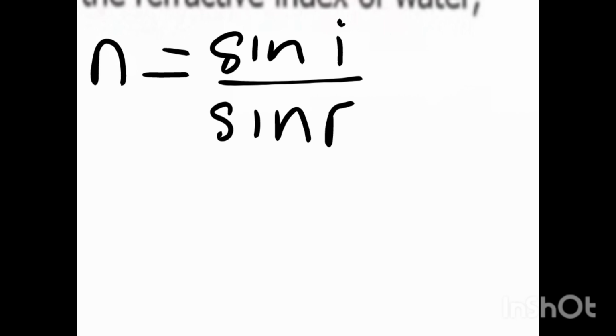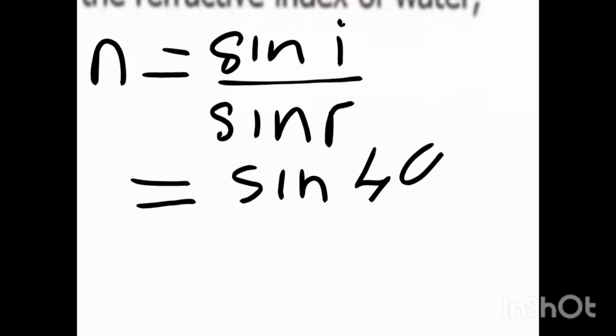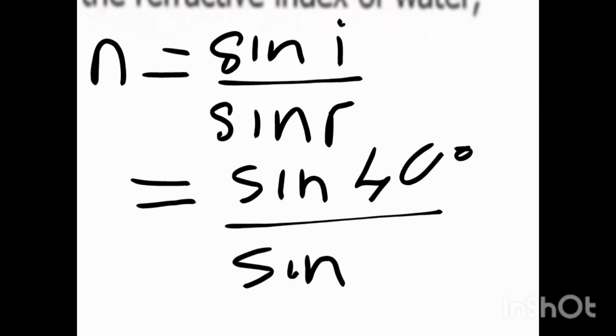The angle of incidence we said was 40 degrees, so sine 40 degrees over sine of the angle of refraction, which is 29. When we punch this on our calculator, we'll find that the answer is 1.3.